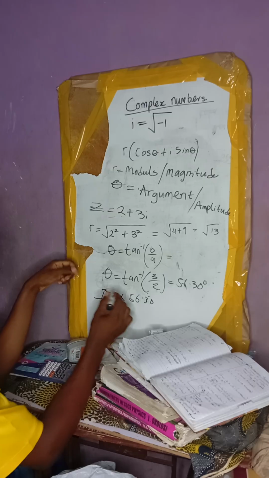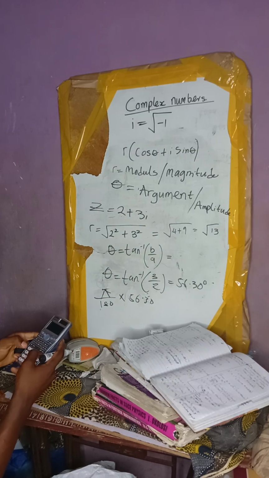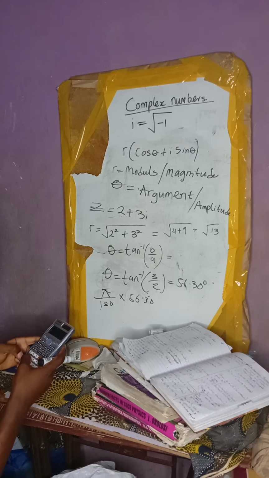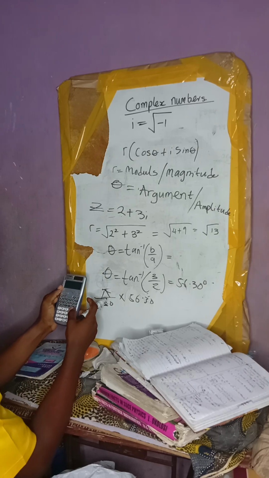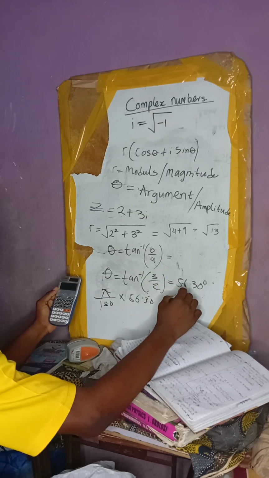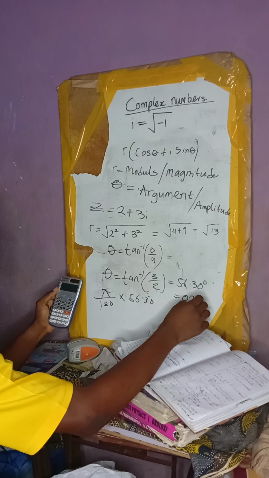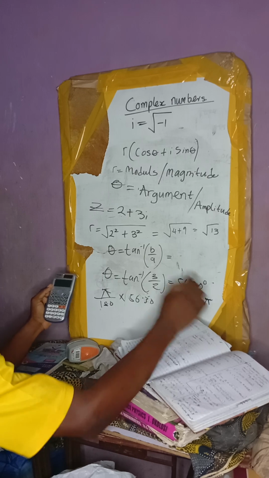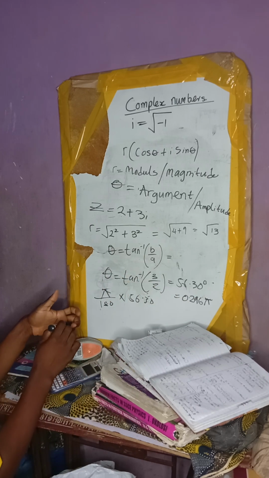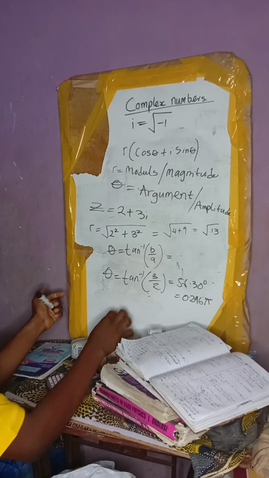That will give us the answer. So let me do that. 56.30 divided by 180. That should give us about 0.296 pi. That is your answer in radians. So we represent this theta in radians, not in degrees.